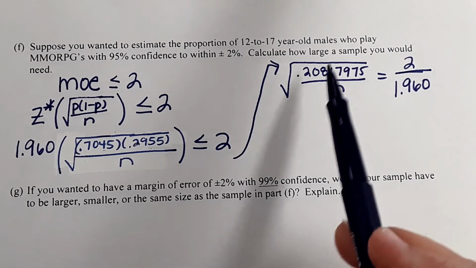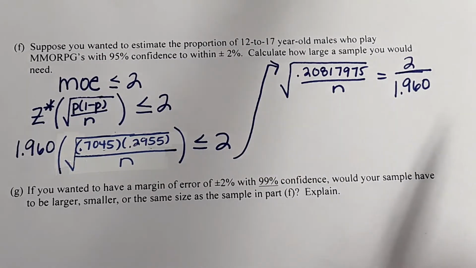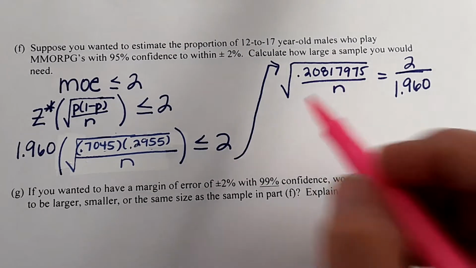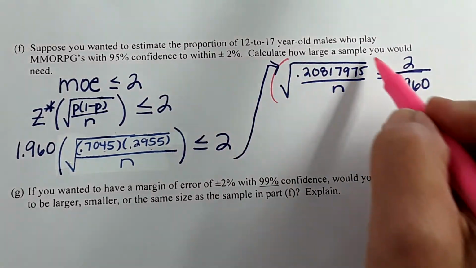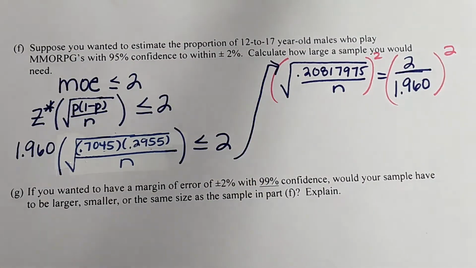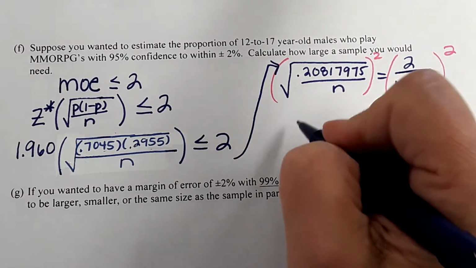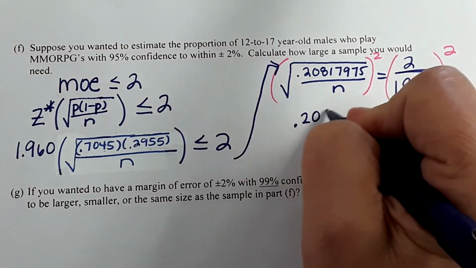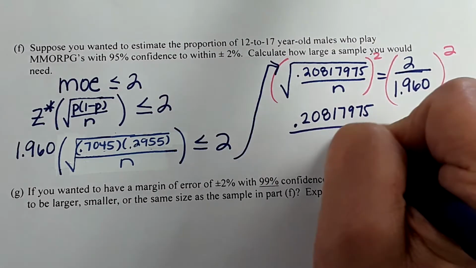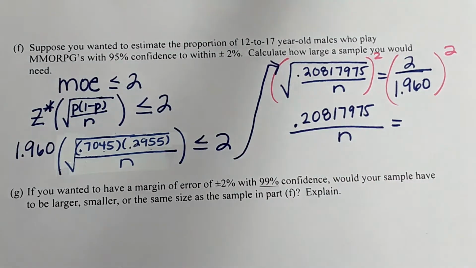Now, how do you get rid of a square root? If you square one side of the equation, you have to square both sides. So now I'm left with 0.2081795 over n equals.